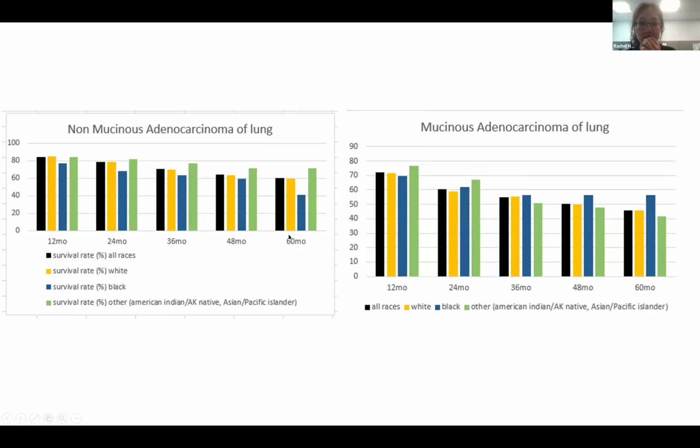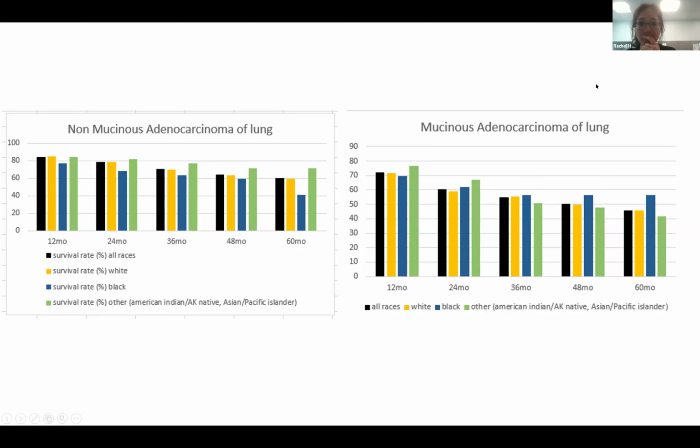For example, the survival rate at 60 months in the non-mucinous adenocarcinoma type, comparing white and black patients, the other group, the green color, shows a better survival rate.